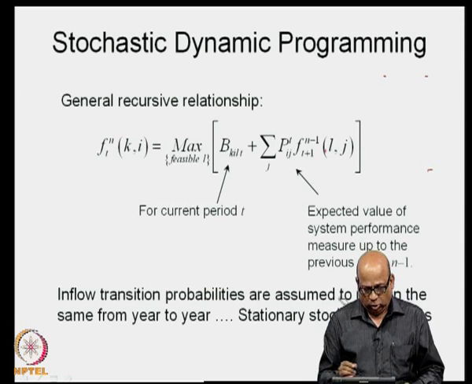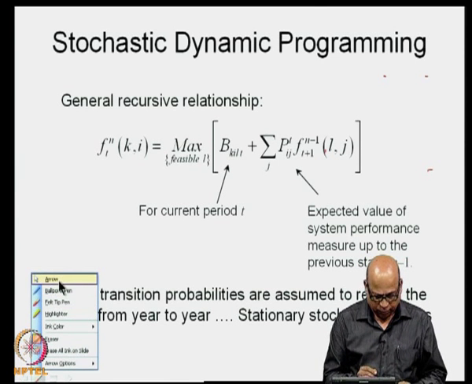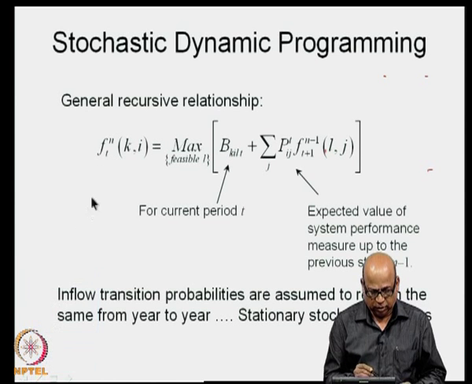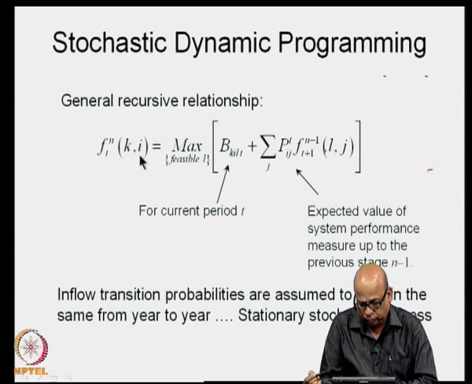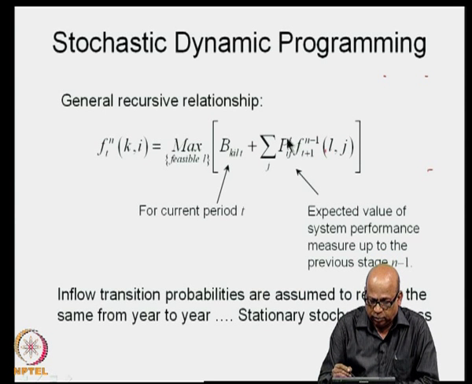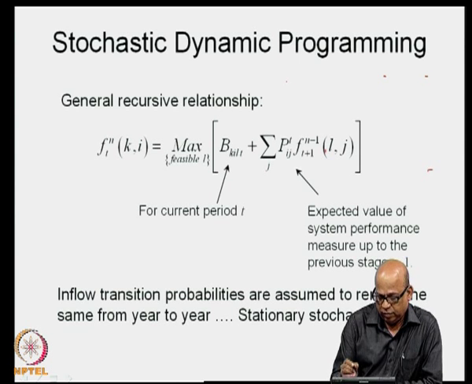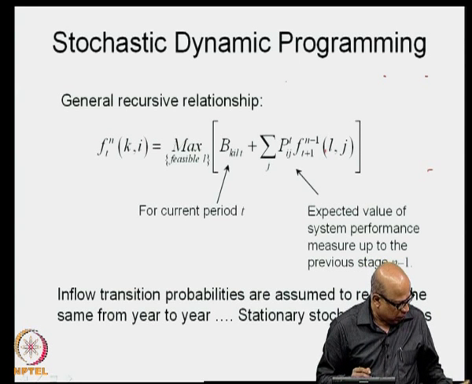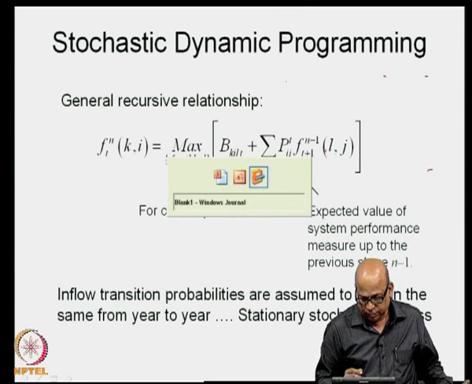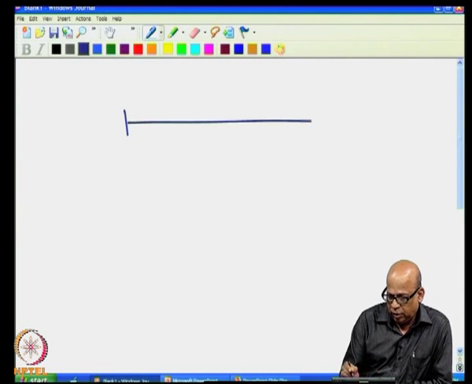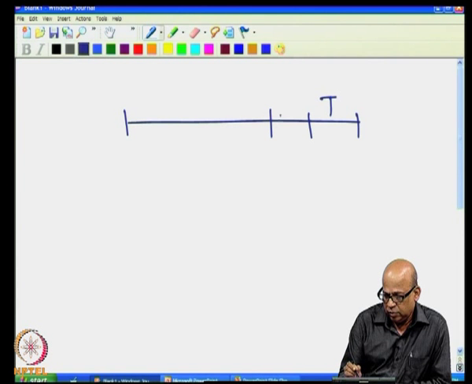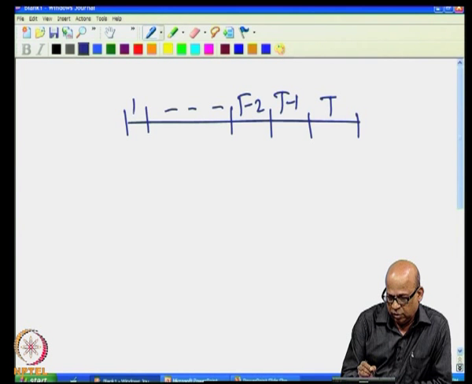All right. So, this is a general recursive relationship now for this particular time period f n t (k, i). Now, look at these terms p i j t, these are the transition probabilities. Let me explain that more clearly. In a year, there are capital T time periods, T, T minus 1, T minus 2, etc., up to 1.